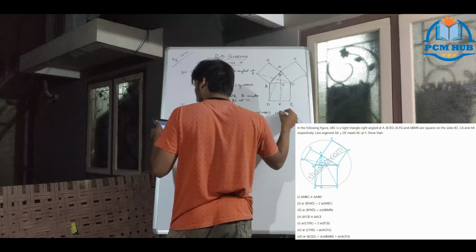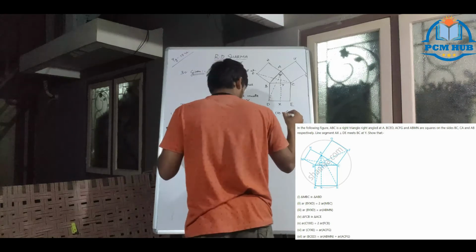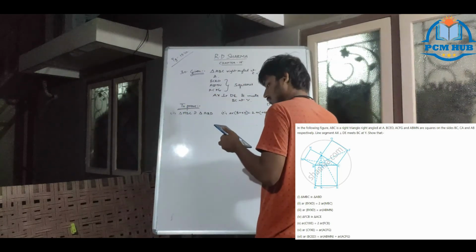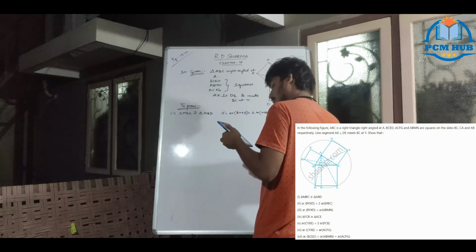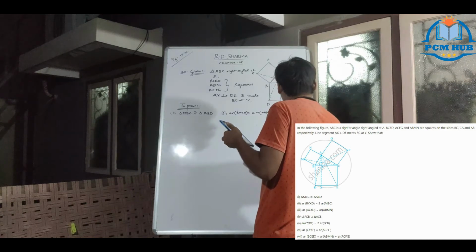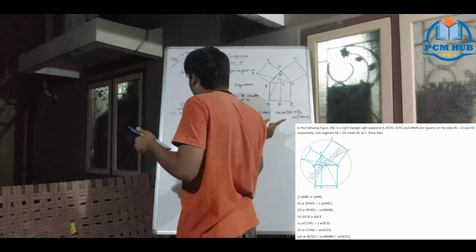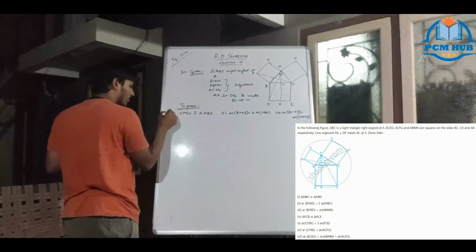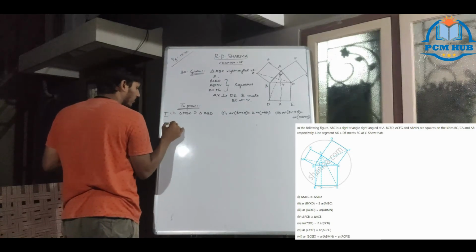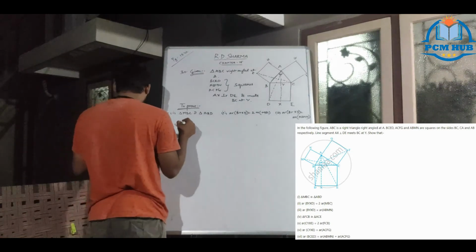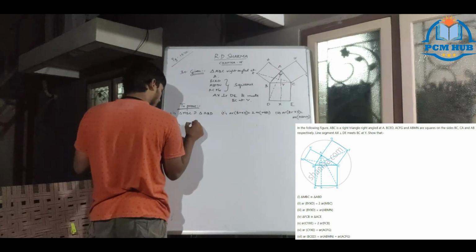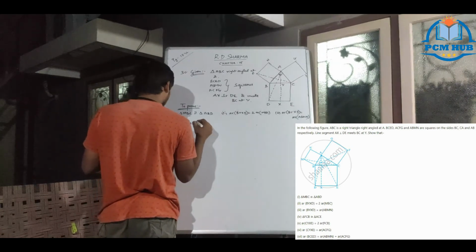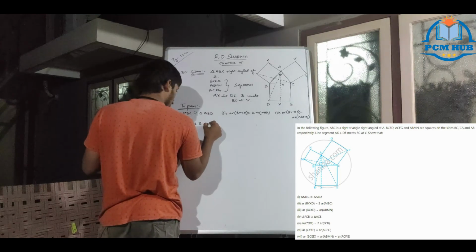Third bit, area of BYXD equal to area of ABMN. This is the first part of the problem. The second part also has 3 bits. This fourth one, triangle FCB congruent to triangle ACE.